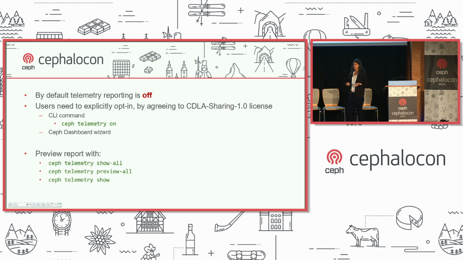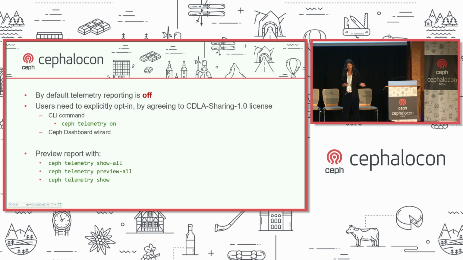Users can opt in either with a CLI command, ceph telemetry on, or with a dashboard wizard. If you want to see what metrics are being sent before you opt in, you can do that with a preview command. And then you can look at that, and if it looks good to you, you can just opt in with the ceph telemetry on command.